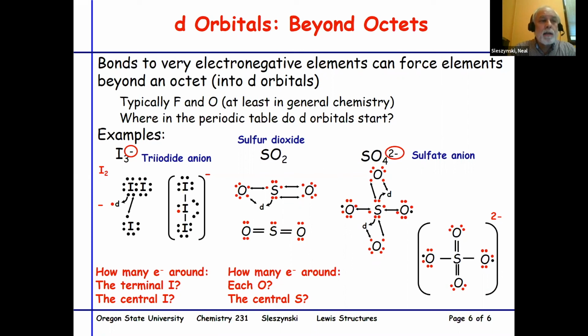If we take a look at the individual oxygens, we see they have both completed their octets. Sulfur, on the other hand, has 2, 4, 6, 8, 10, 12 electrons around it. Sulfur has expanded well beyond its octet by using d orbitals to bond with the oxygens that are more electronegative.